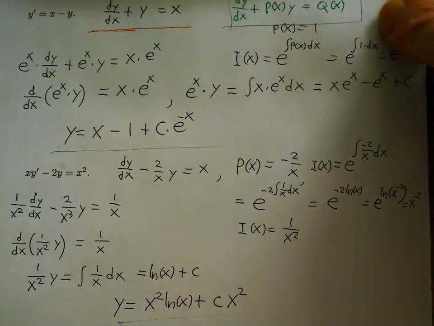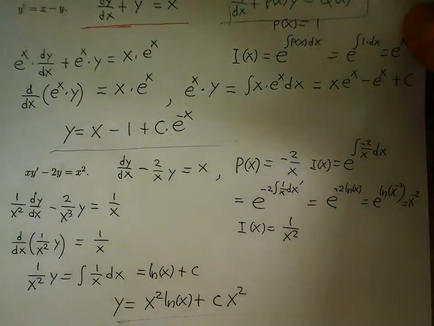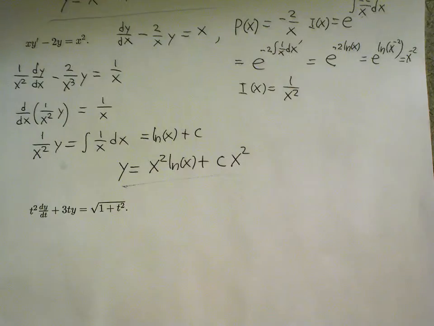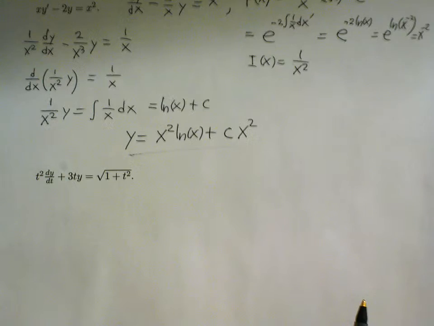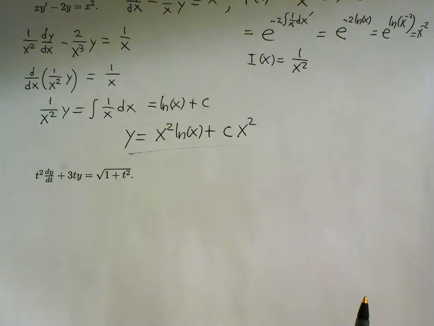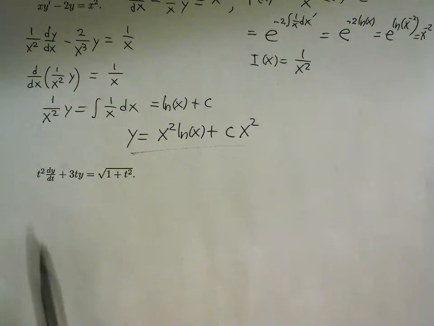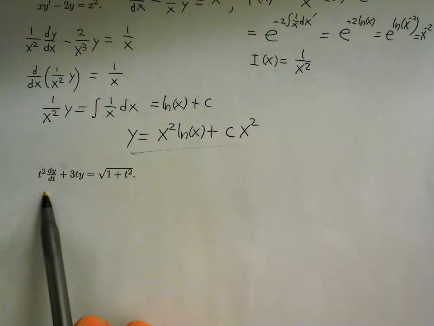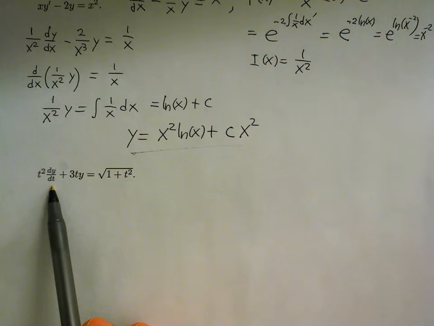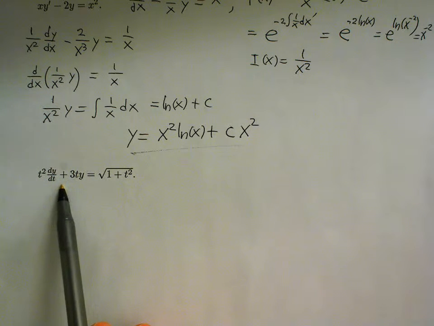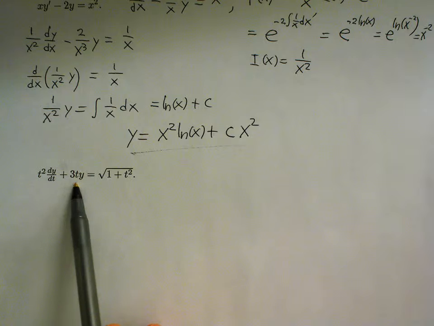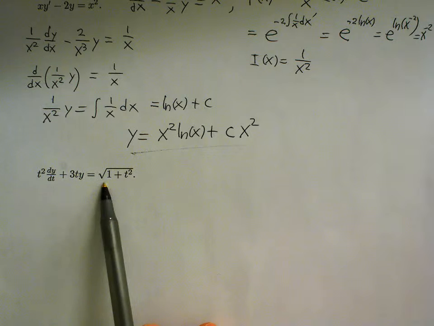Okay, the next example. So this time we have t to the second times the derivative of y with respect to t plus 3 times t times y equals the square root of 1 plus t to the second.